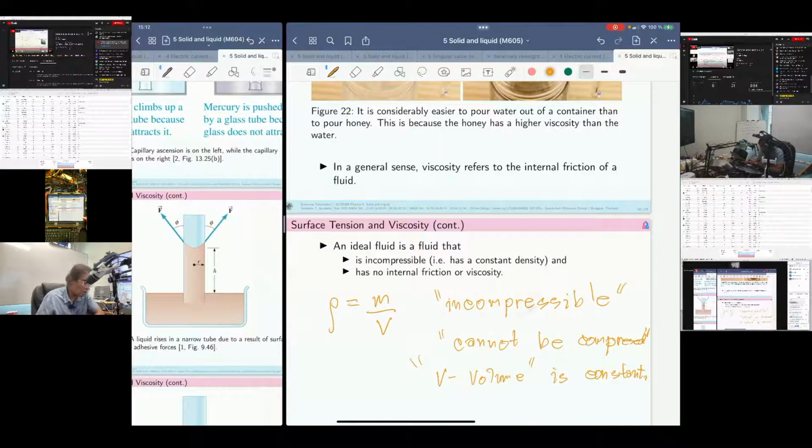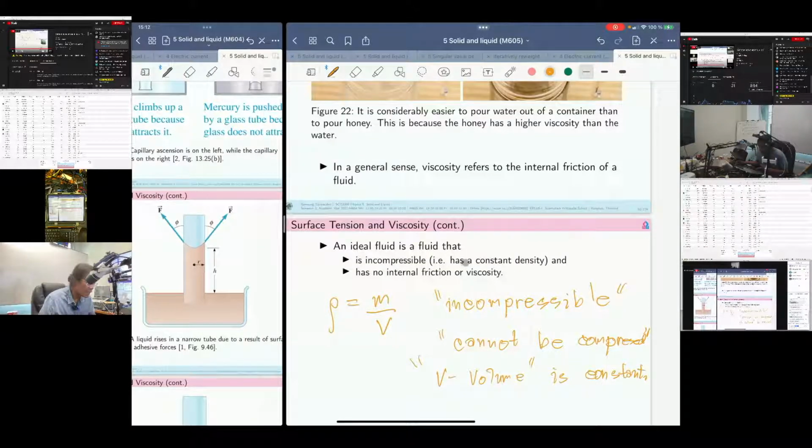When the volume is the same and the mass of that fluid, okay, let's say we consider that fluid in a closed system, the mass of that fluid doesn't disappear. Okay, there is no leak of fluid at all, so the mass will be the same. When the mass is the same, volume is the same, we will get the same value for the density.